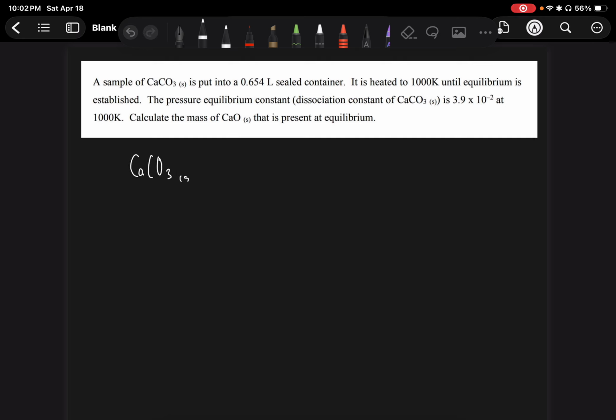CaCO3 solid is in equilibrium, it's CaO, so CO2 then. K equals 3.9 times 10 to the negative 2. That's going to be gas. Solid. Okay, so we're putting in 6.5, okay, so K, what are we trying to find?